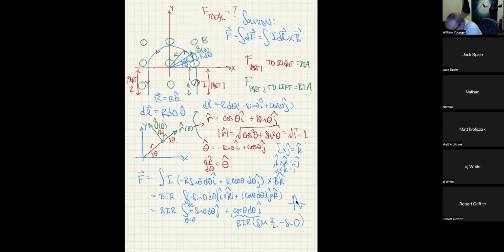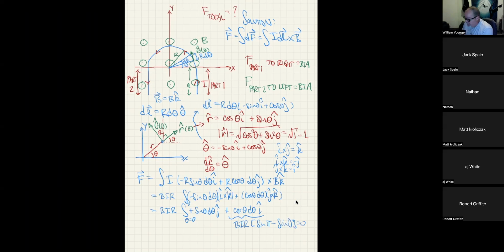Oh, no, it's supposed to be pi. Stupid me. Scratch that, everybody. This is supposed to be pi. There you go, just pi. So this is going to be b I r times the sine of pi minus the sine of 0, which is just 0, which is what we expected.